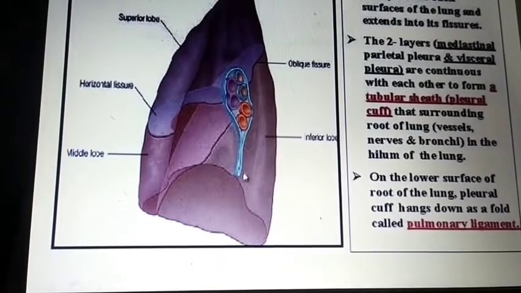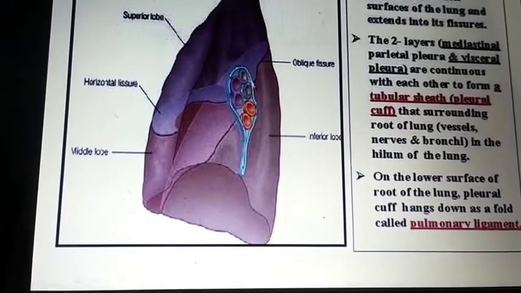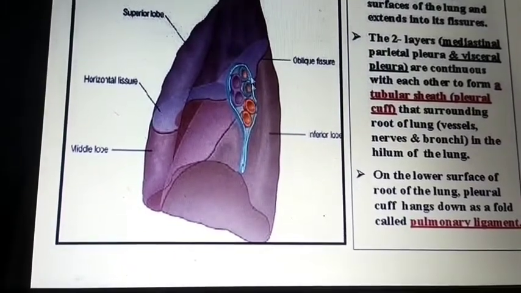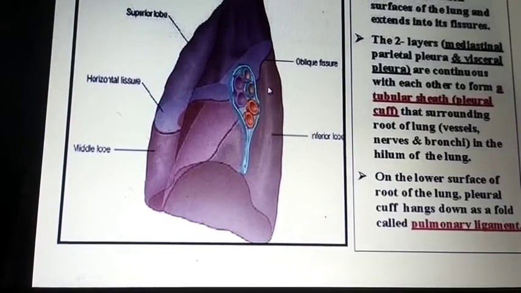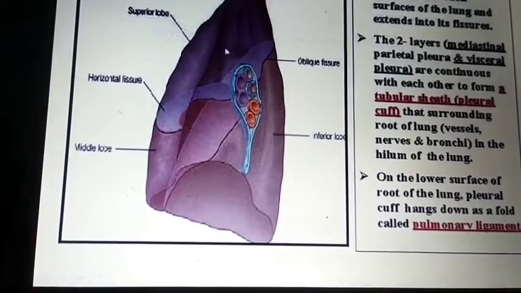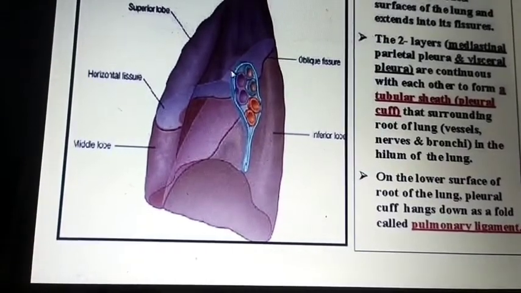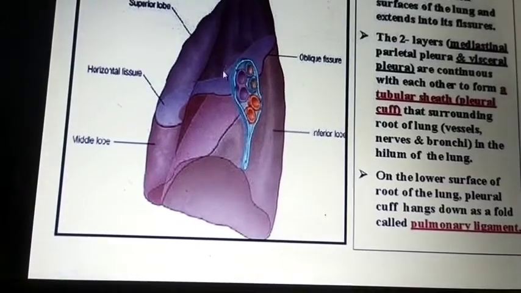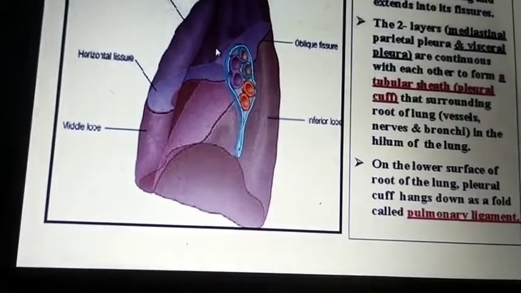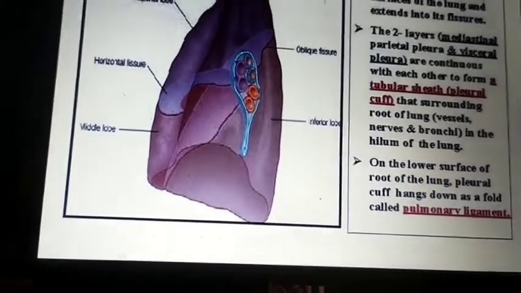Here, both the mediastinal or parietal pleura and the visceral pleura join together and continuously form one cuff-like tubular sheath. That sheath is called the pleural cuff.